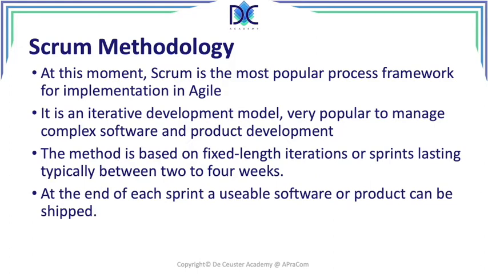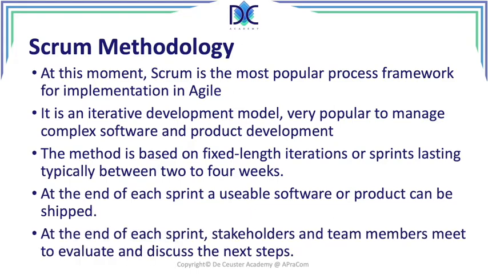At the end of each sprint, a usable software or product can be shipped to the customer. It can be tested. And of course, you can get feedback of the work that has been done. At the end of each sprint, the stakeholders and the team members meet to evaluate and discuss the next steps.